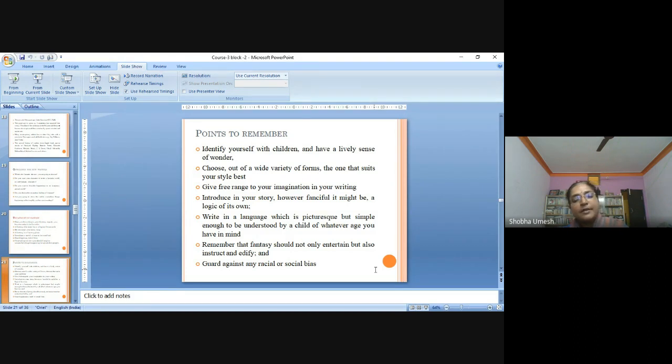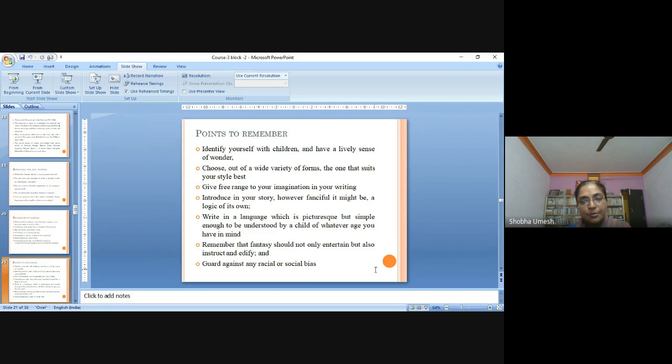And the next point is that write in a language which is picturesque but simple enough to be understood by a child of whatever age you have in mind. So when you start writing, keep in your mind that if it is for the age group of 2 to 4, you have to give more pictures and fewer words.